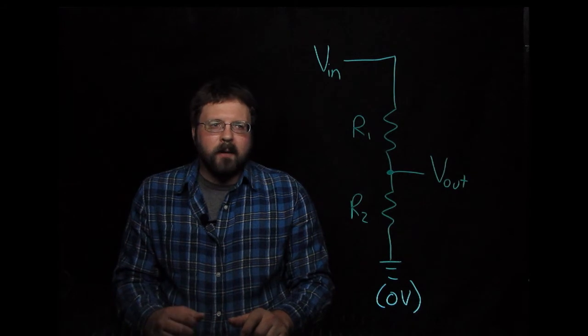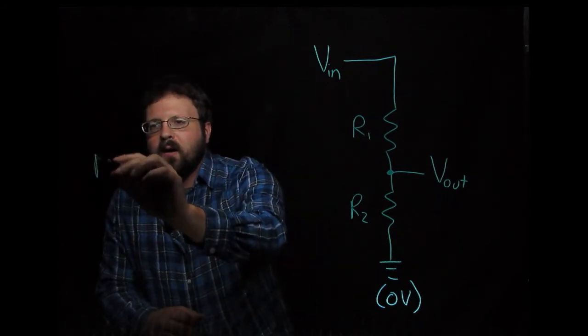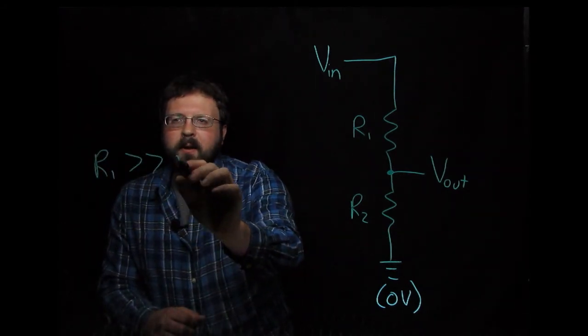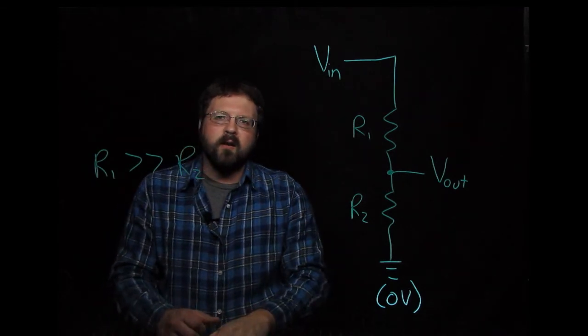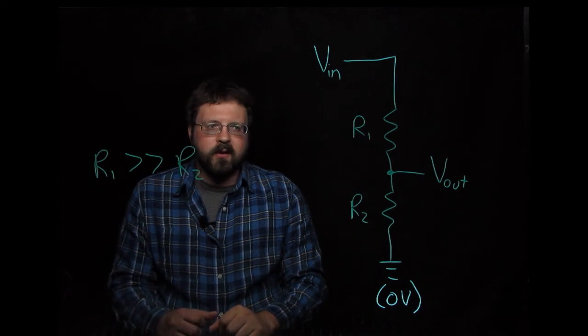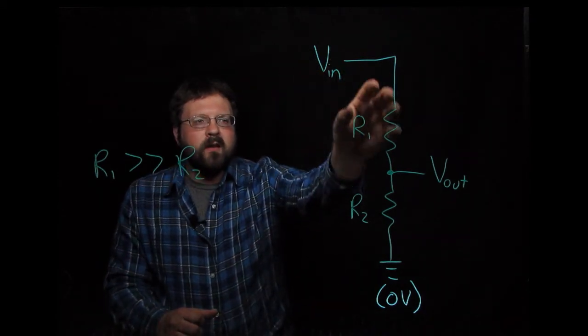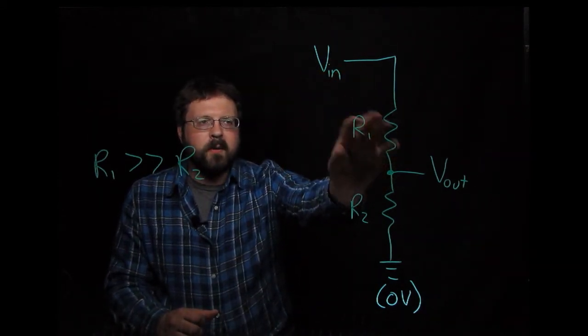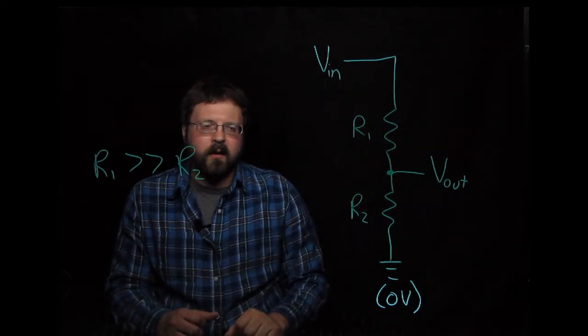Now let's think about what happens if R1 is a lot bigger than R2. That means we're going through a much bigger drop through R1 than we are through R2.